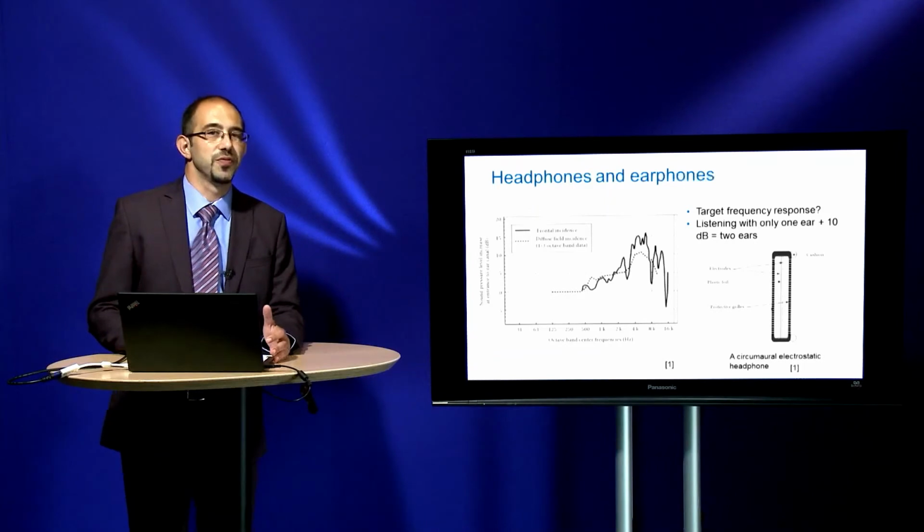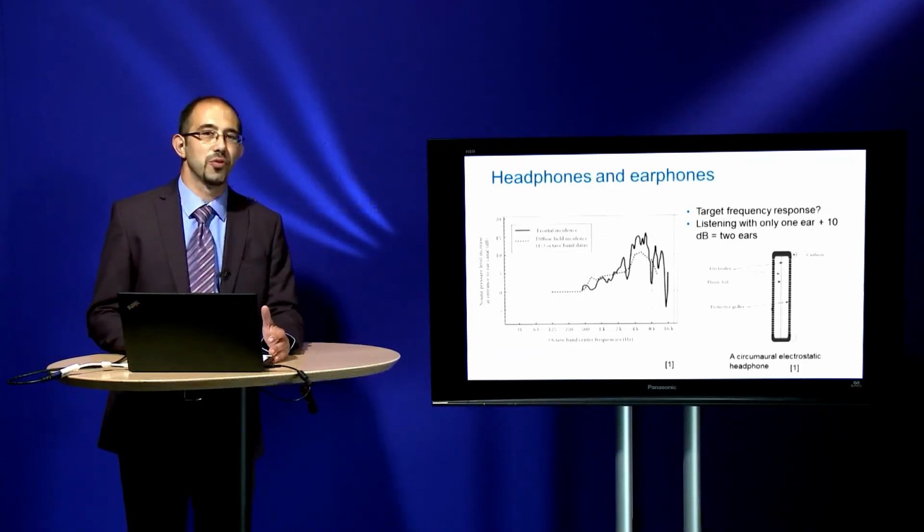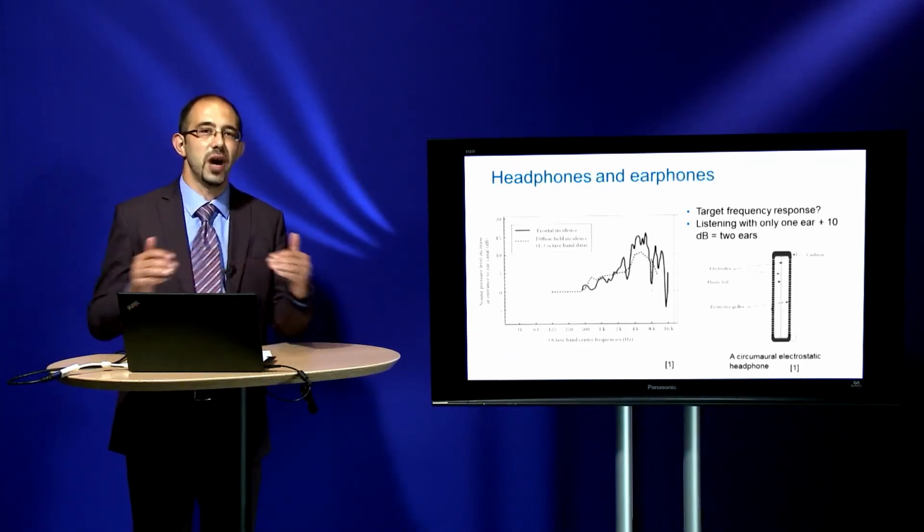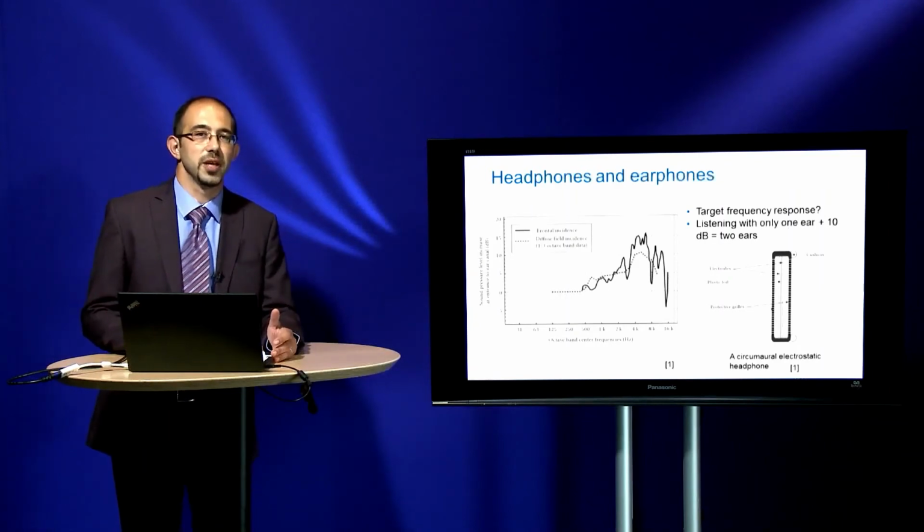Of course, most of the loudspeaker technologies which we saw already can be used for these systems, like electrodynamic, electromagnetic, or electrostatic systems. In the beginning of the lecture, I said that we expect a wide linear frequency response from the electroacoustical systems.